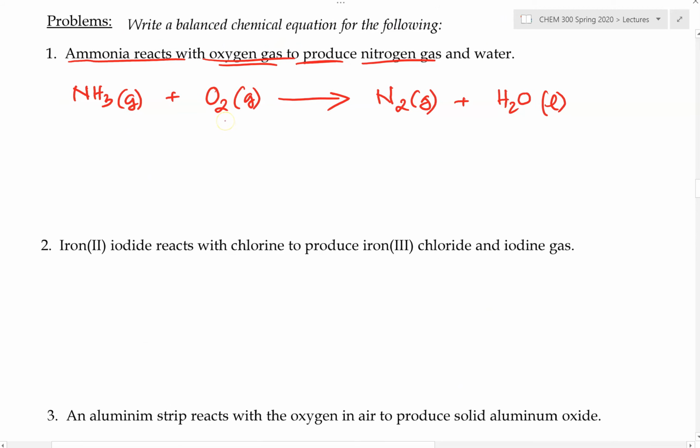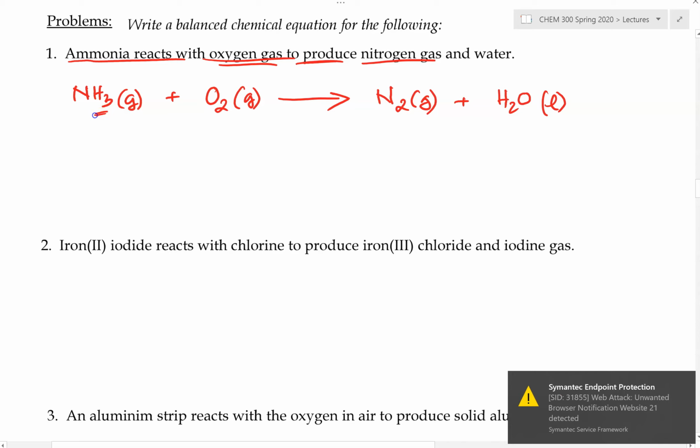So we will not balance oxygen first. Nitrogen is a free element as well, so we are not going to balance the nitrogen first either. Here in this case, the only substance that does not exist as a free element would be the hydrogen. So we have to balance the hydrogen first.